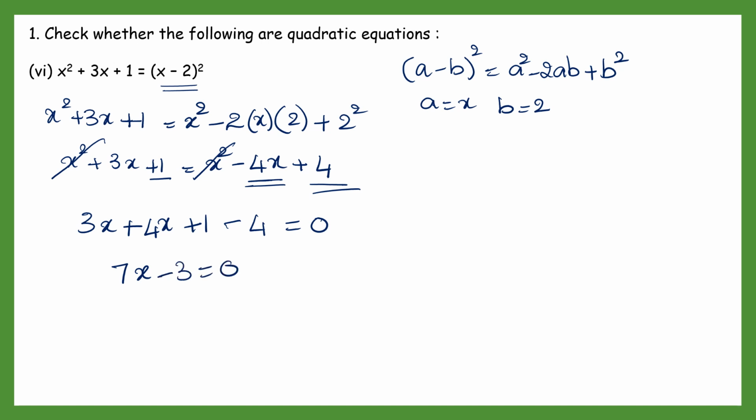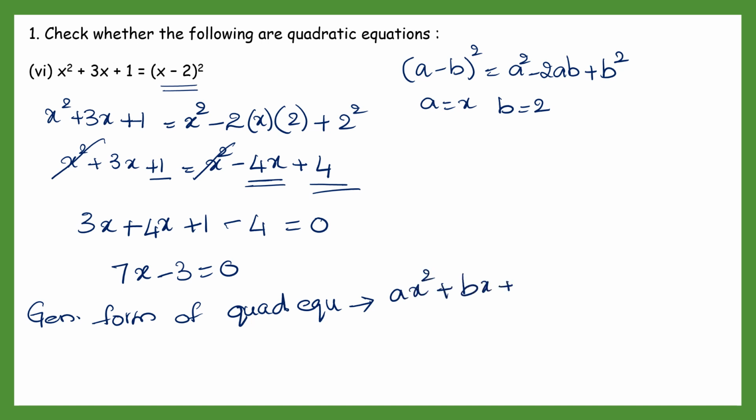Now we solved the equation. Let's compare with the general form of a quadratic equation. What is the general form of a quadratic equation? Ax square plus bx plus c is equal to 0. The condition you have is a should not be equal to 0. Let's compare the result we got. You got what? 7x. That means there is no x square term. 0 into x square plus 7x minus 3 is equal to 0.